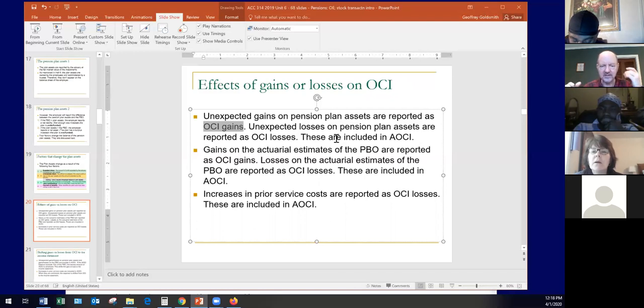And sometimes I think of it as a statement of other comprehensive income because the only thing that's different between it and the income statement is the other comprehensive income. So the unrealized gains and losses are reported in the statement of comprehensive income.